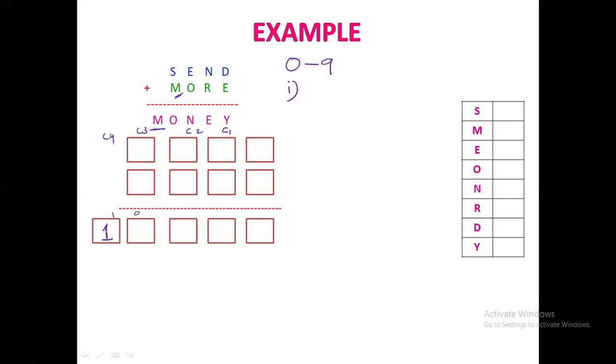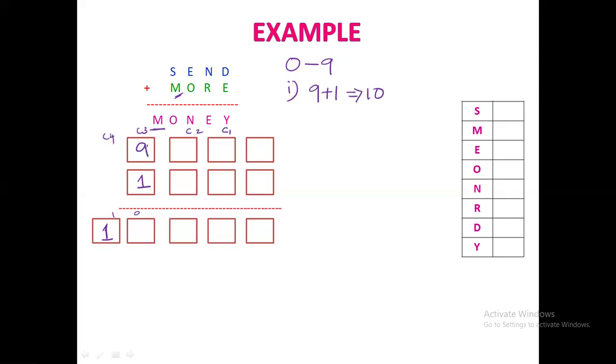So here M is assigned 1, so the same value will be repeated over here, 1. So if you are adding, which number gives us 10? The first step is 9 plus 1. 9 plus 1, if we are adding, we are getting 10. Here 1 is already there, so we have to add 9.